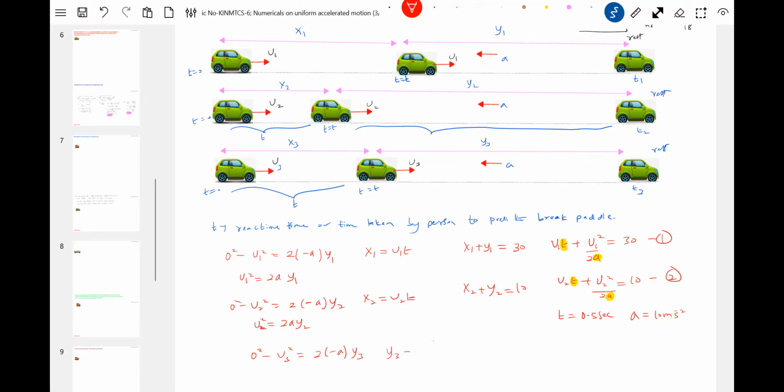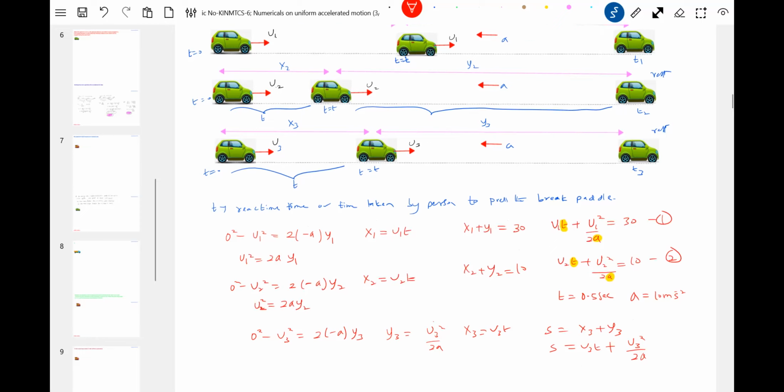So finally, Y3 is equal to U3 square by 2A. What is X3? U3T. So what is the distance? X3 plus Y3, U3T plus U3 square by 2A. Do we know T? Yes. Do we know A? Substitute them here. We'll get the distance.